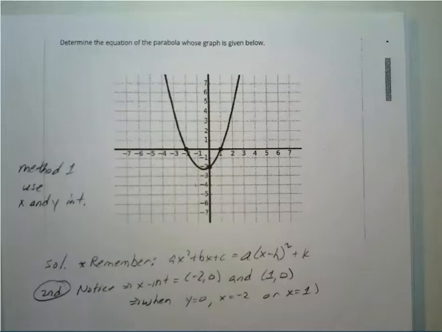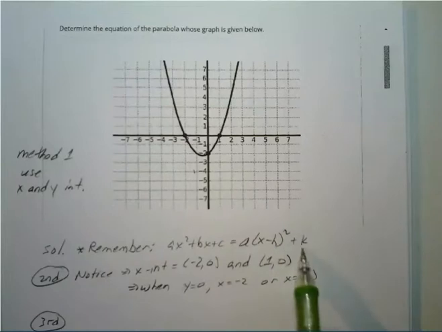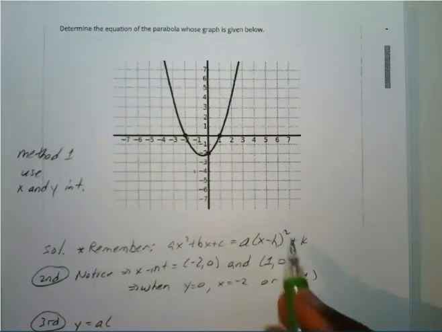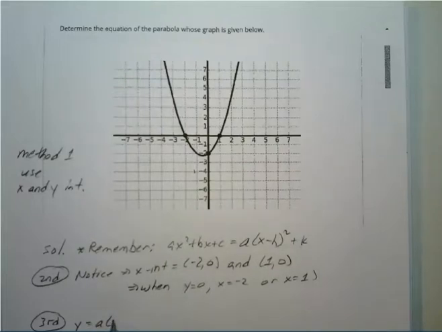Now, the third thing you're going to look at is, temporarily ignoring the k, we're going to see that y equals a times x minus h squared. So this could be x minus or plus something.